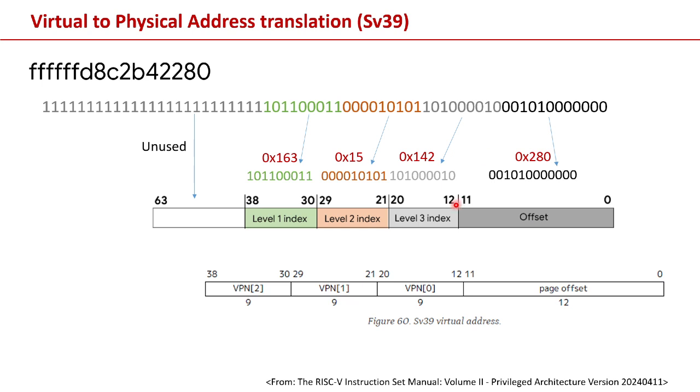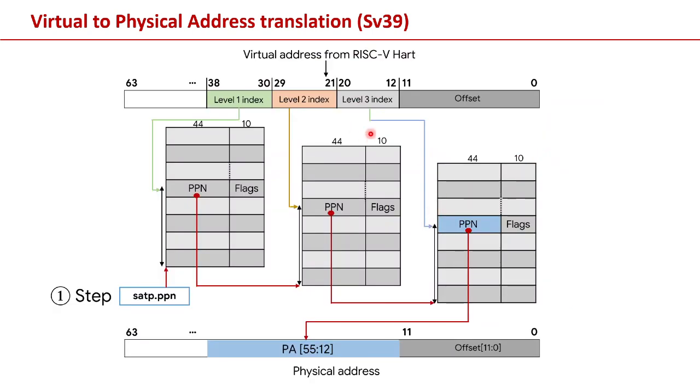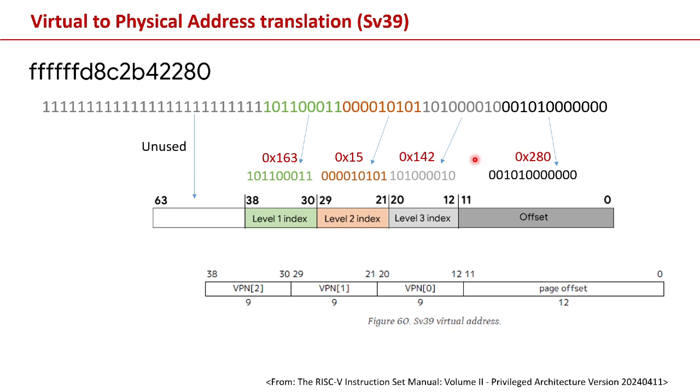And here, the 12 to 20th bit, the binary value inside this bit pair, is used as the level 3 index for multi-level translation. In this slide, as you can see, the value of the 12 to 20th bit can be used to find the address of the page table entry for the third level page table. The 21st to 29th bit pair is used to calculate the page table entry, so it is used as the level 2 index.